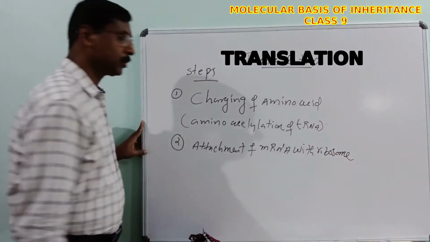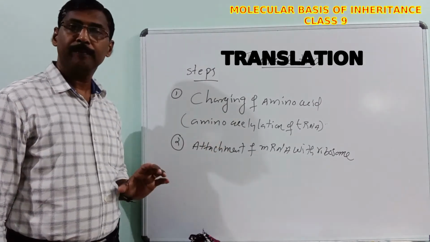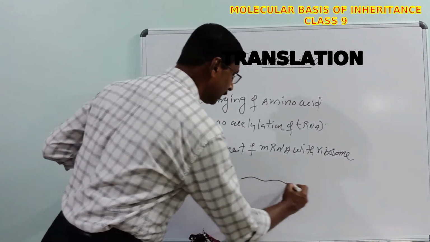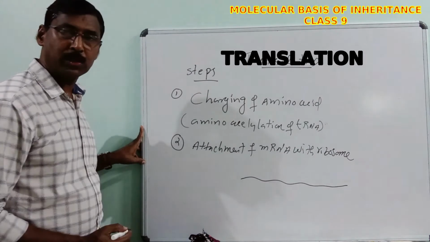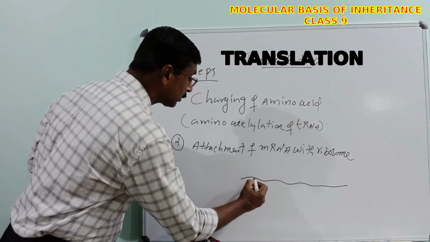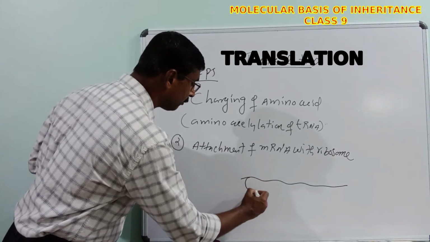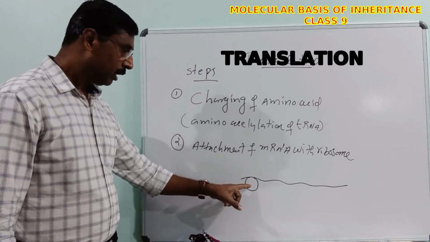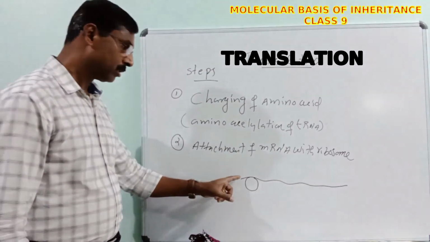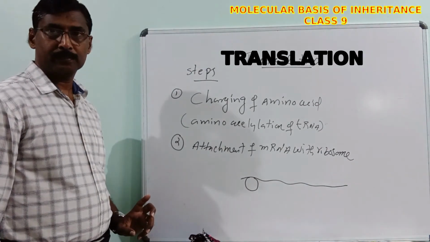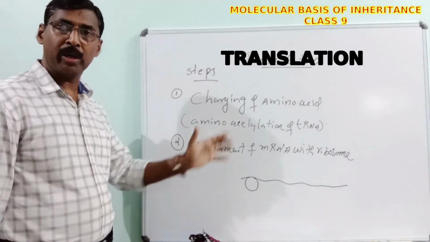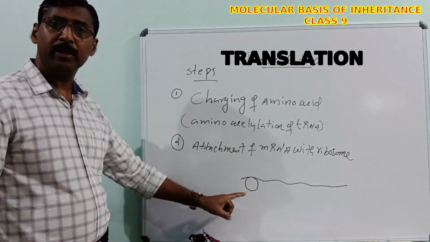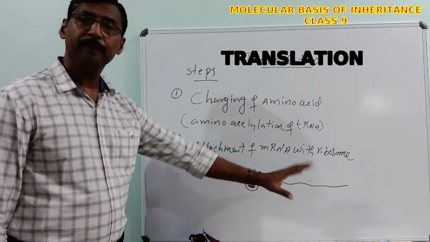Here, suppose this is the messenger RNA with the codes on it. The small subunit of the ribosome attaches first with the messenger RNA. The large subunit would join the team later. So first, the small subunit of the ribosome gets attached with the mRNA.